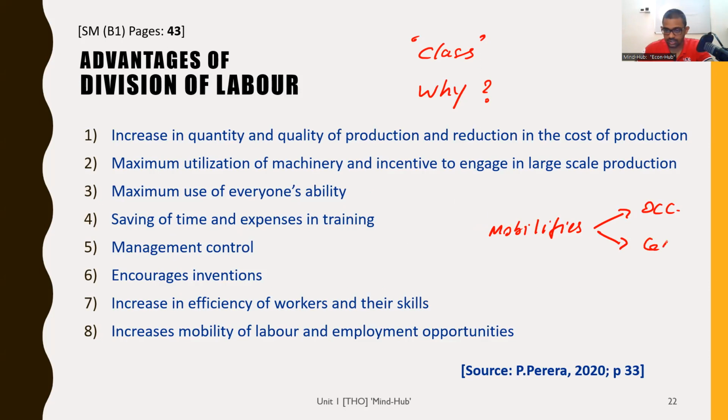The other is known as geographical mobility. Occupational mobility is what I am referring to here. That is where you can go from one job to another, when you develop a specialization, if you are working in one company.